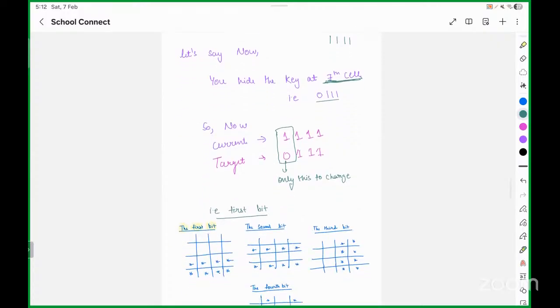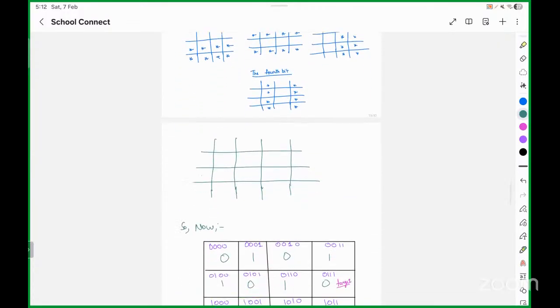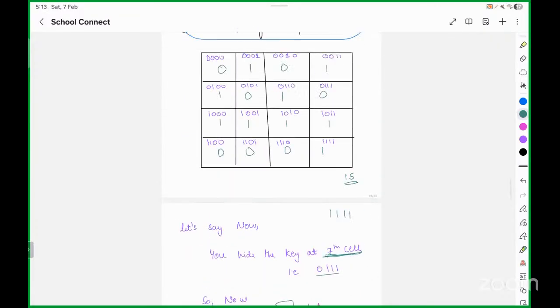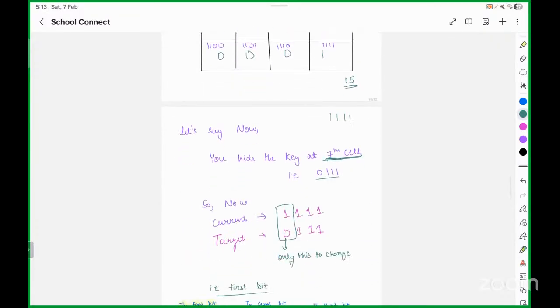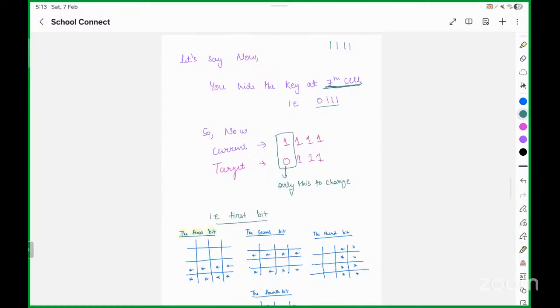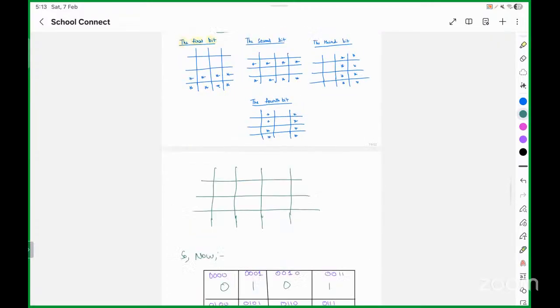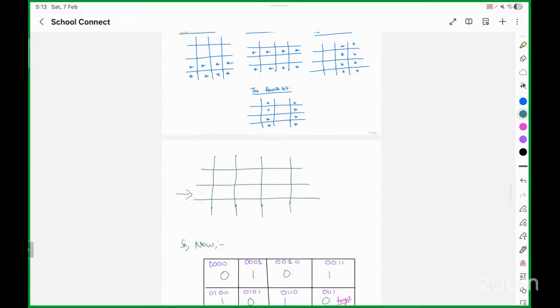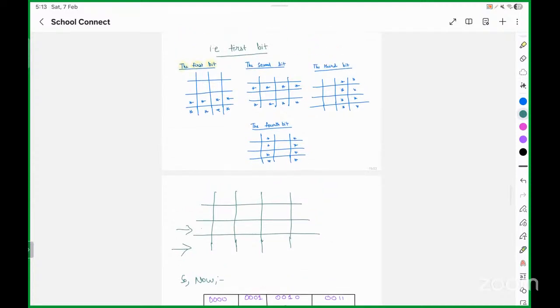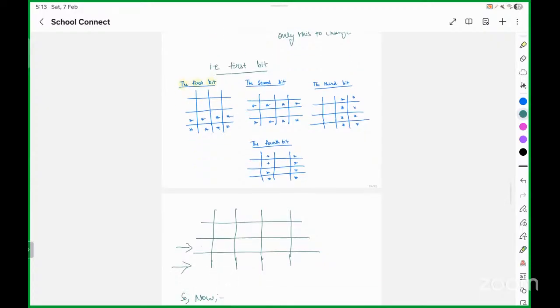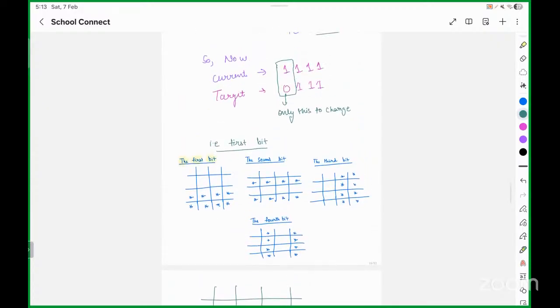The first bit represents the last two columns. So the first bit should be changed in between them, right? That means this and this should be changed. One of these coins should be flipped, because right now there is an odd number of ones.